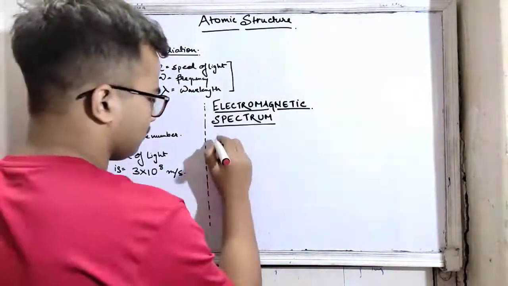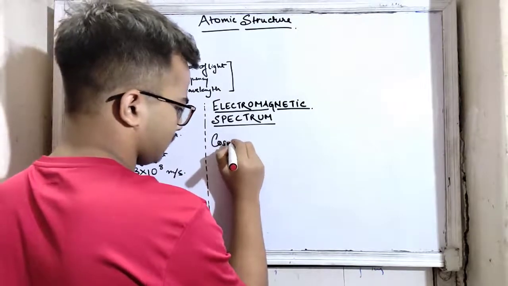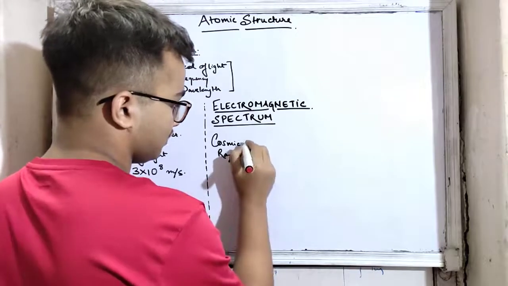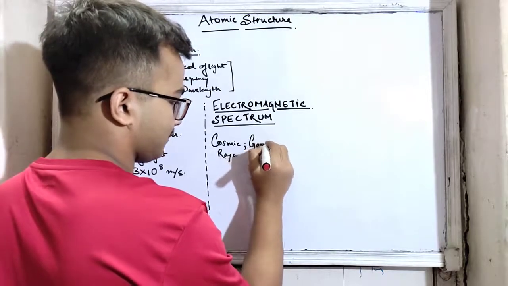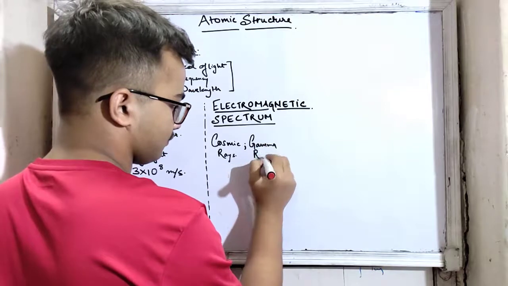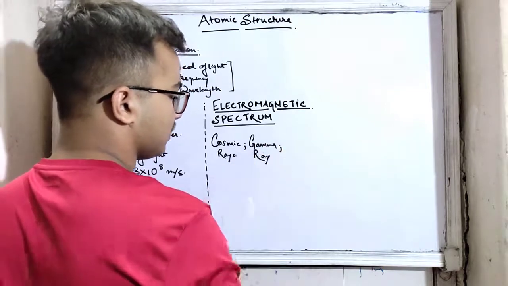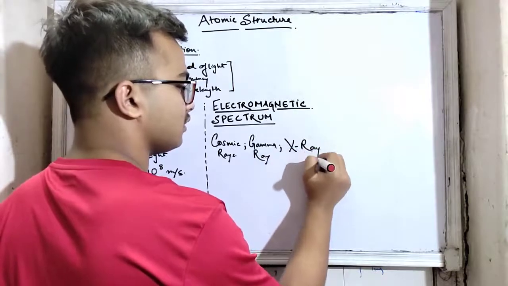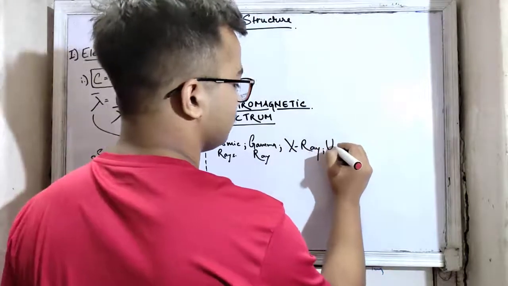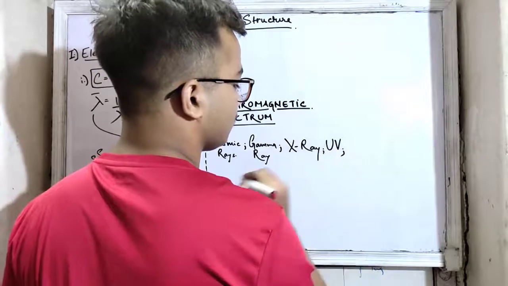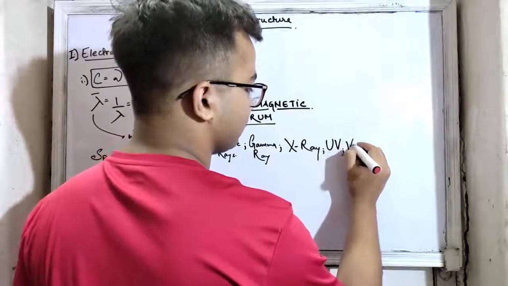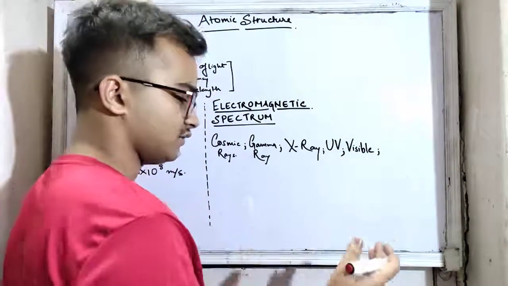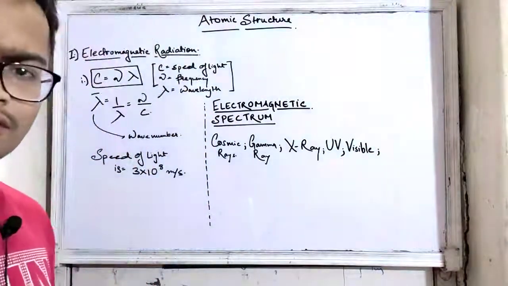First will be cosmic rays. The next one will be gamma ray. Next, X-ray. After that, UV. Next is visible ray. Visible means the wavelengths which we see, the colors which are visible to the normal human eye.